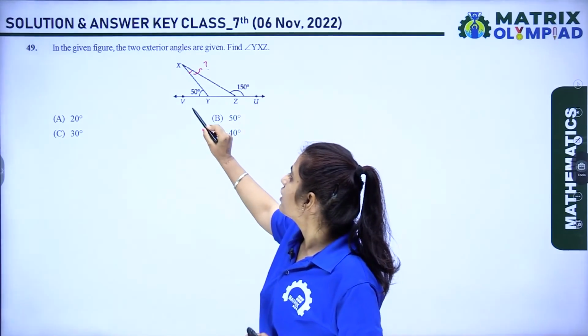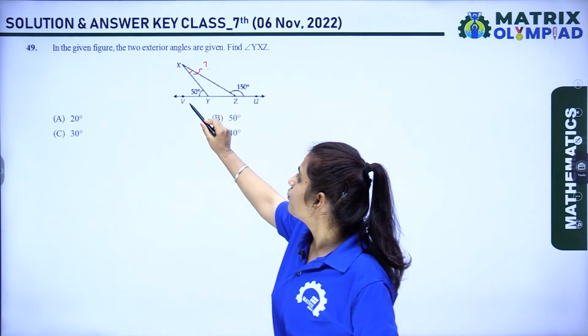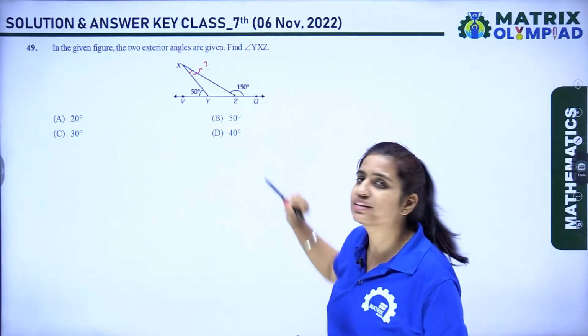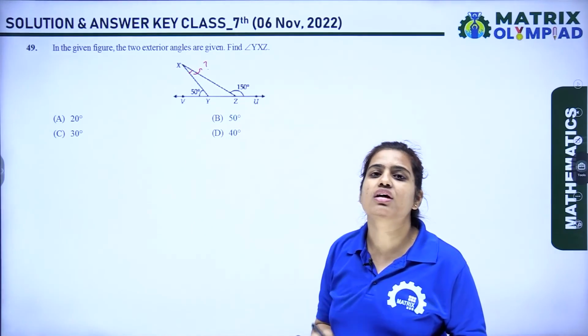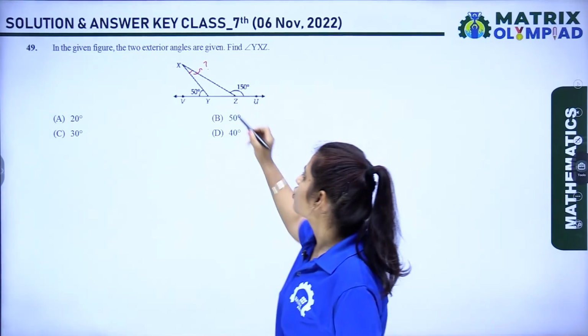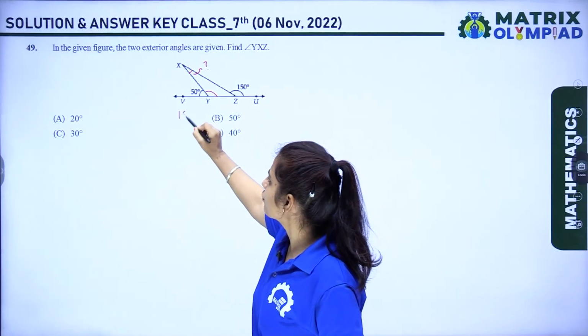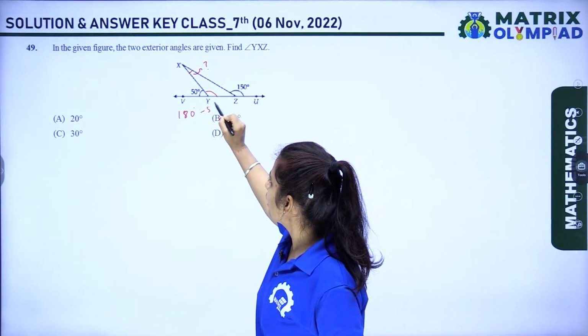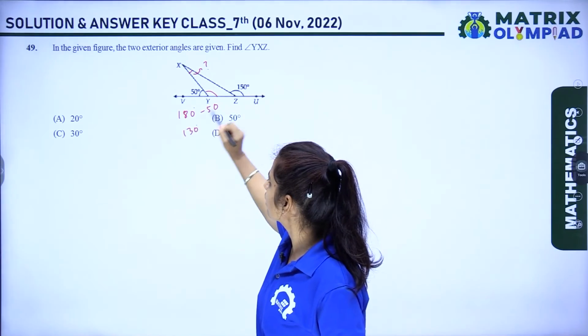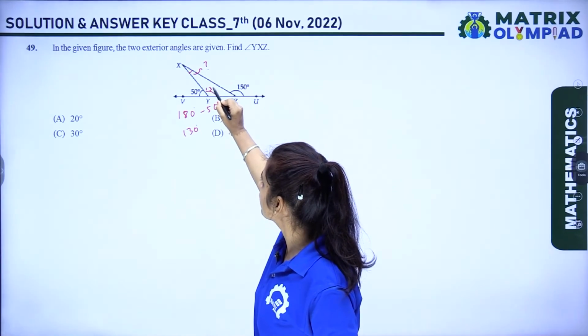And we can see that V, Y, Z is a straight line. It means it is forming a linear pair also. So here this angle will be 180 degree minus 50, we get 130 degree. Means this is 130 degree.